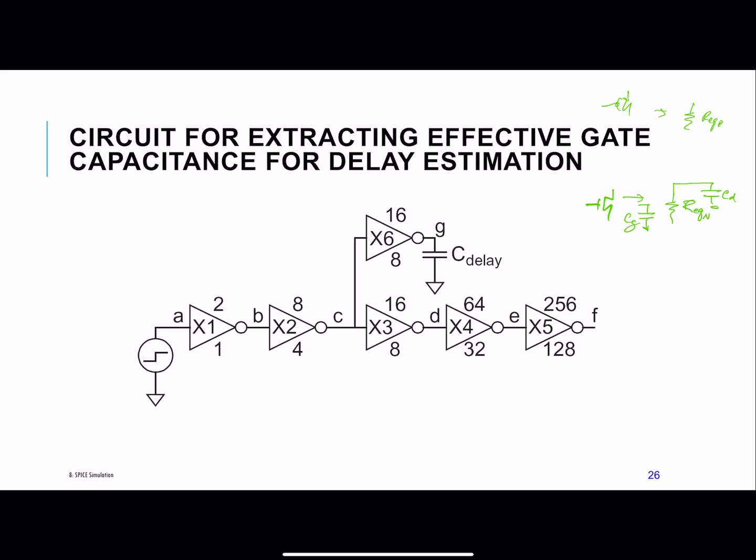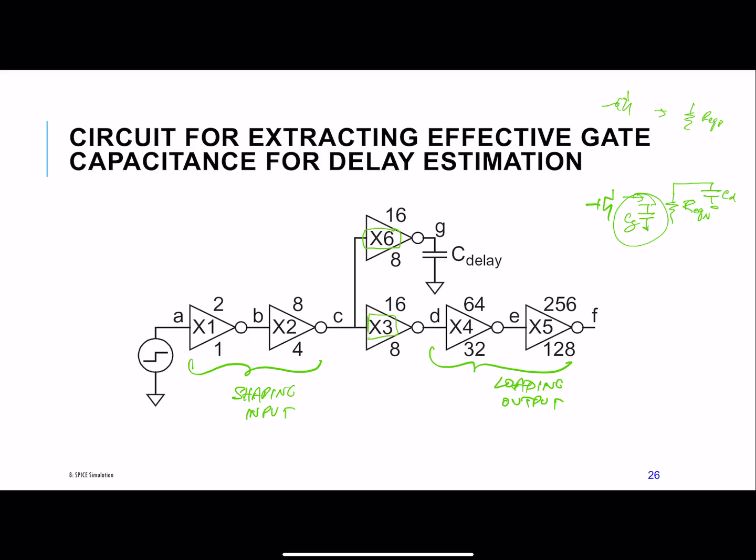Okay, so let's say we want to figure out the C gate capacitance from our simulation. Again, this is all shaping the input, so shaping input into something reasonable. And this is loading the output. Remember, these are just sub-circuit names.